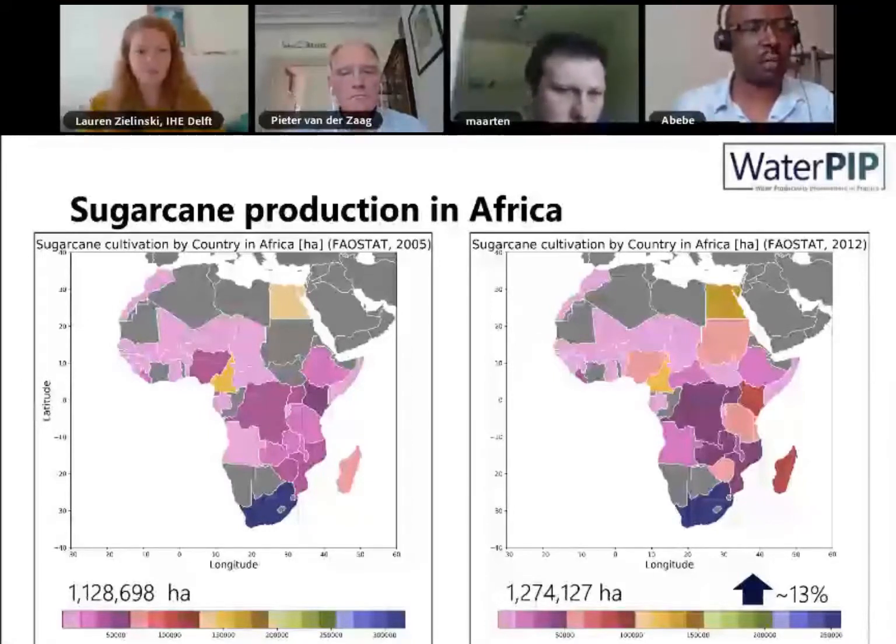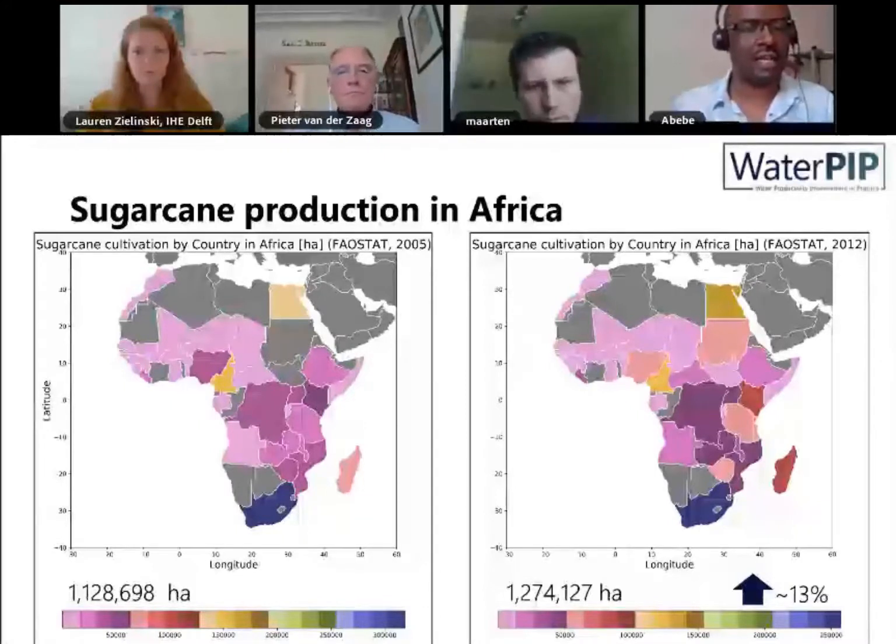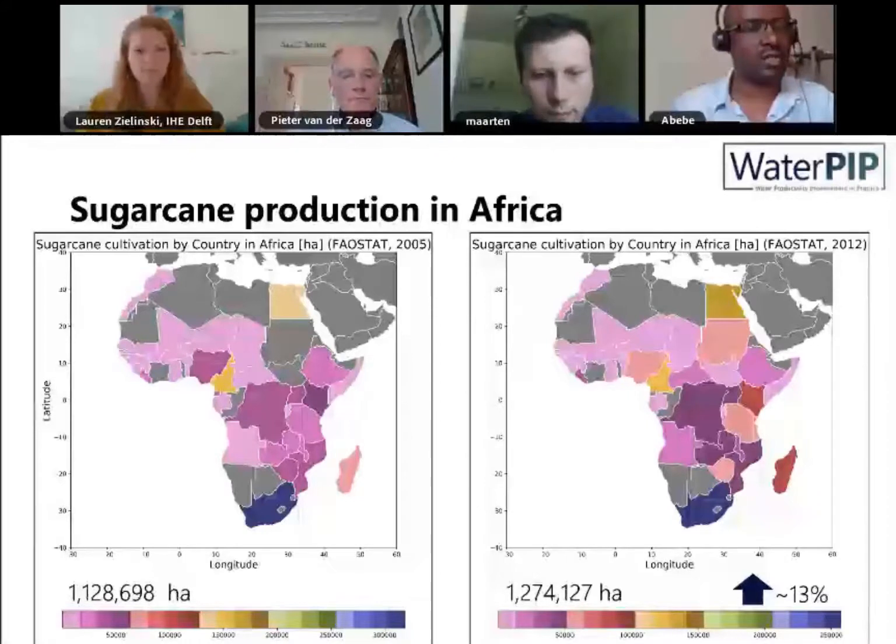Just comparing these two years, 2005 versus 2012, and based on FAOSTAT data, there is an increase in land expansion by 13%. And it's also increasing as we speak. The second presenter, Peter, already showed from FAOSTAT that there is an increasing trend in production.